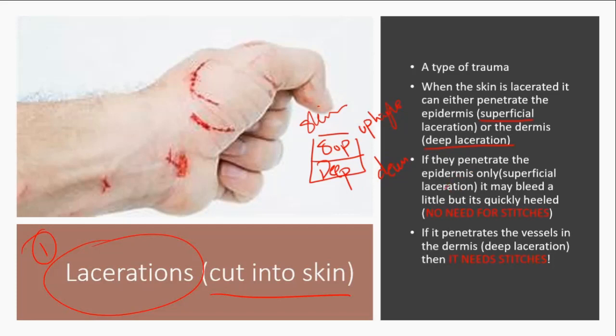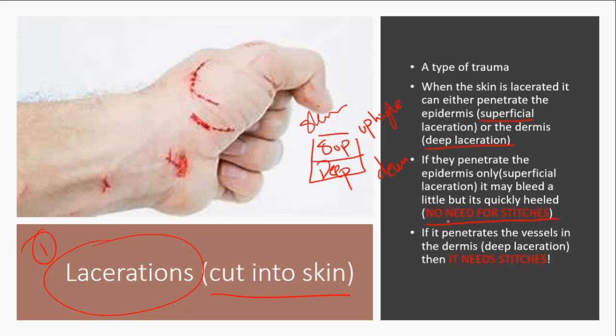So when you see a laceration that has only penetrated the epidermis, you don't need to suture that. Can you kind of guess what the reason is? You can pause the video and let me know.